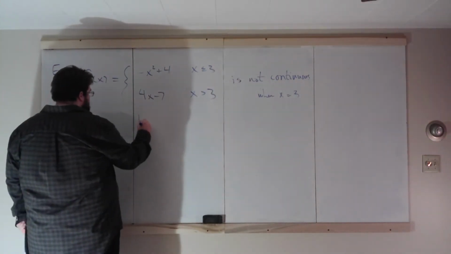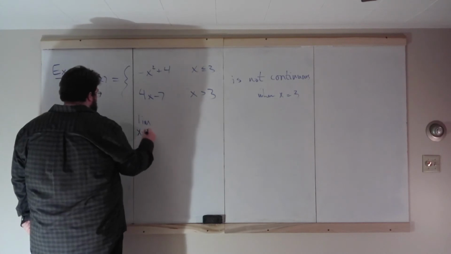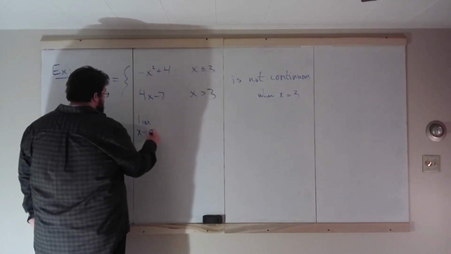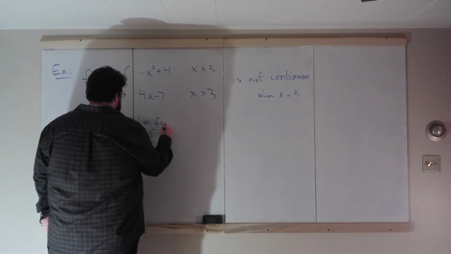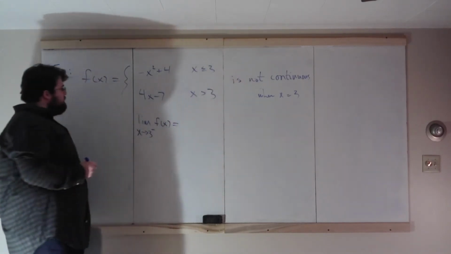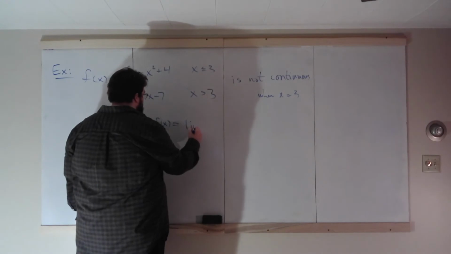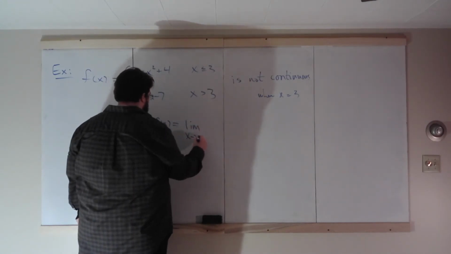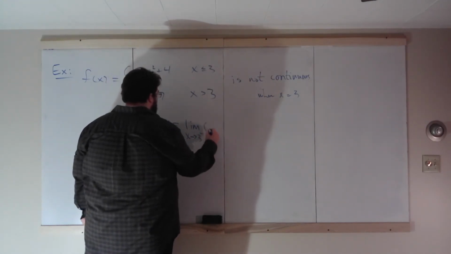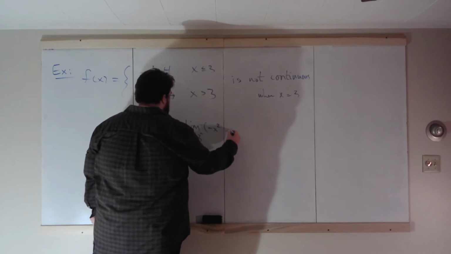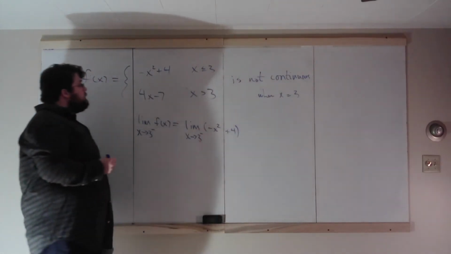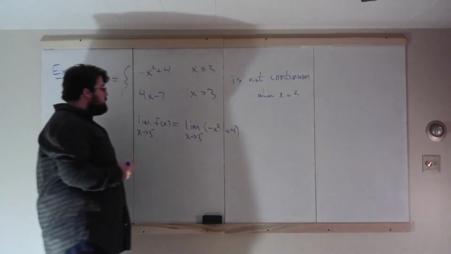So limit as x approaches 3, let's do the left side of 3 first. On the left of 3, this function is defined as negative x squared plus 4. We're going to evaluate this by substituting 3.